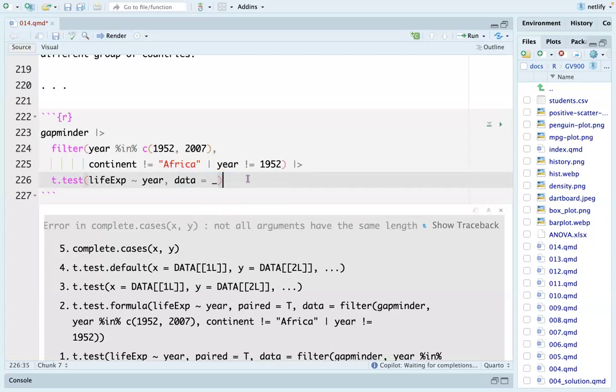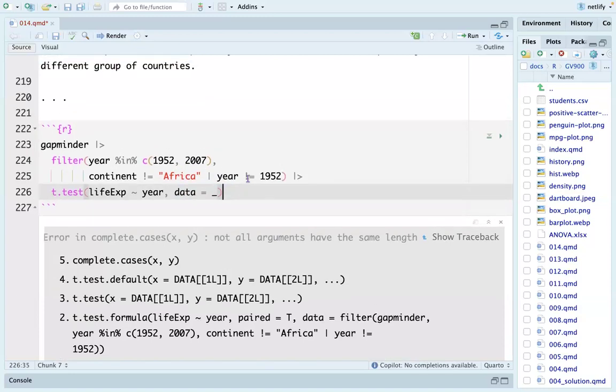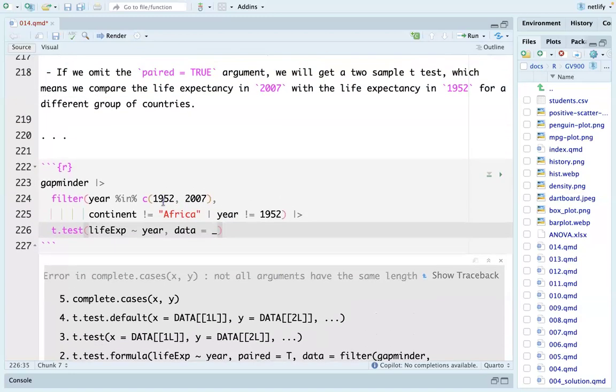You might ask, if in our sample 1952 has some missing numbers, but in 2007 this country has values. In that case, R will automatically delete the missing values in pairs.